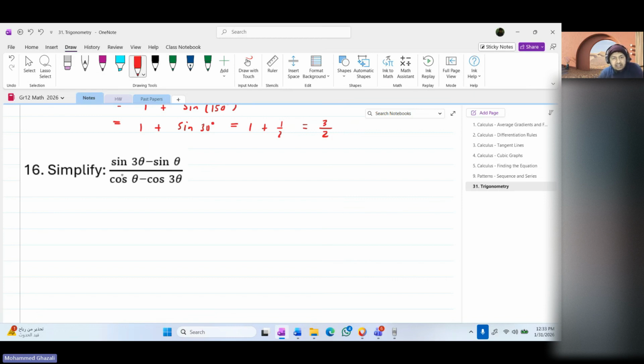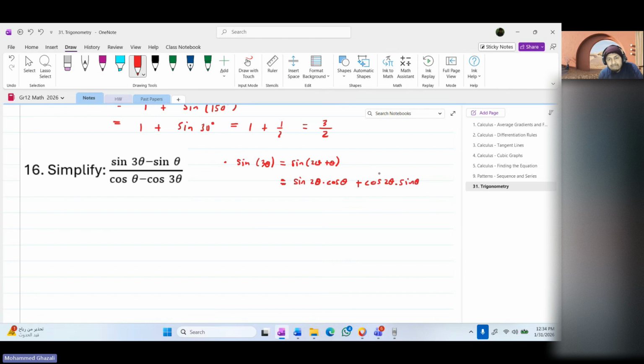I'm going to try and expand sine 3 theta on the side. For sine 3 theta, we have to use a compound angle, sine of 2 theta plus theta, which equals sine 2 theta cos theta plus cos 2 theta sine theta, right?